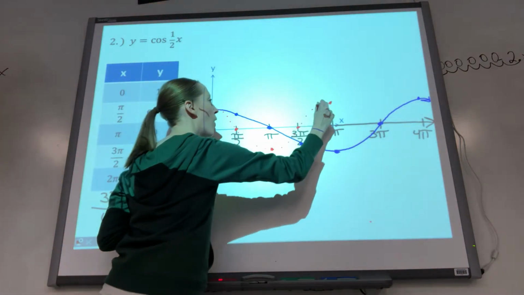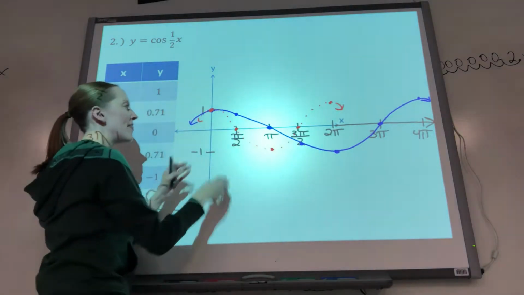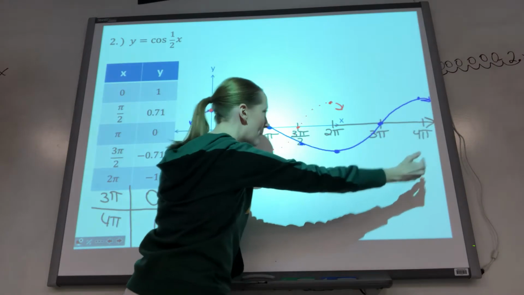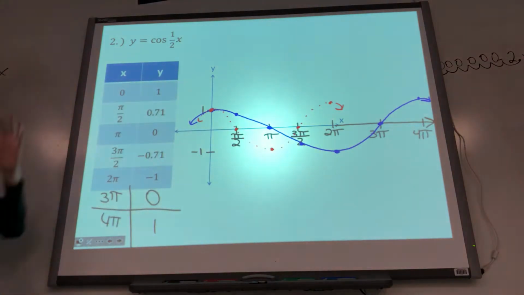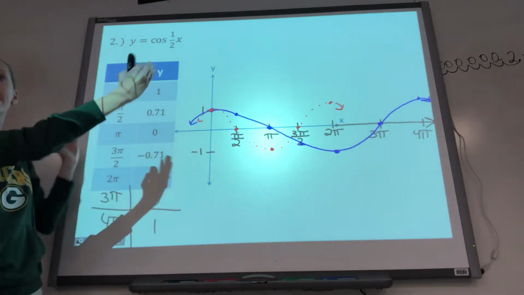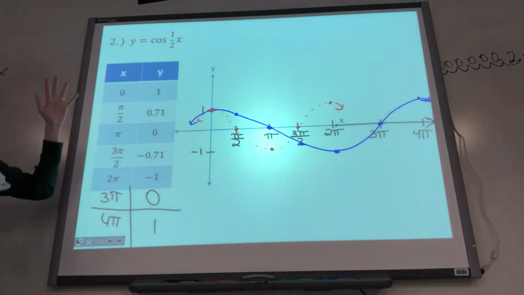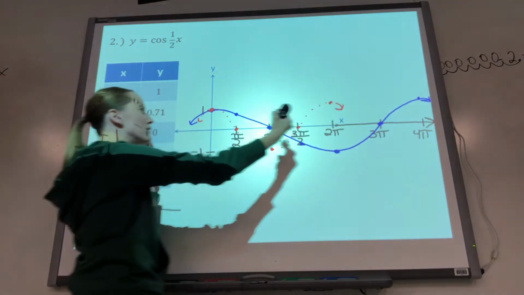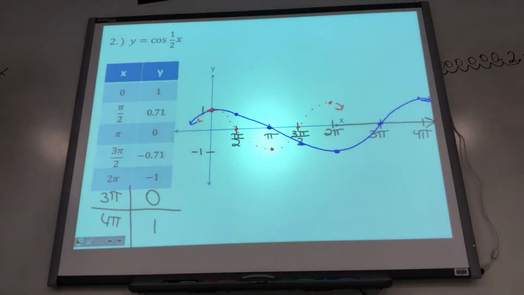It did that whole curve, but in the length of 2 pi instead of 4 pi. So to kind of summarize that, if there's a fraction in front, it stretches out the period. If there's a number bigger than 1 out front, then it kind of scrunches it, like we saw on example 1.